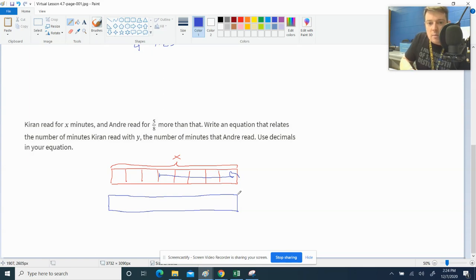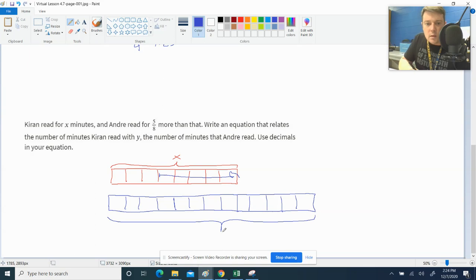So I'm going to try my best to represent that with a good drawing. About that length. And I'm going to break that into 1, 2, 3, 4, 5 equal parts. 5 extra eighths. And these first ones were broken up into 8 equal parts as such. So this distance represents the amount that Andre read, because he did 5/8 extra.